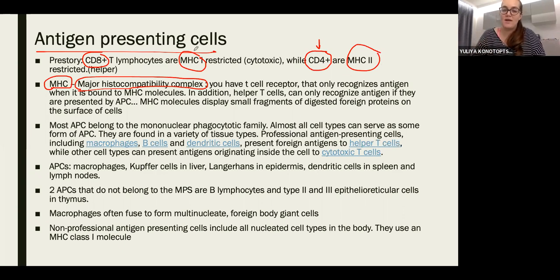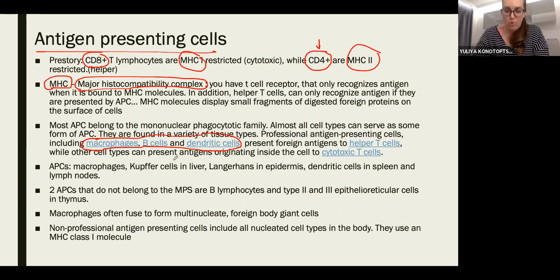Which cells are APCs? Here they are, highly tested. Macrophages, B lymphocytes, and dendritic cells. Okay, so those are the three APCs that you have in your body. I repeat, why is macrophage an APC? What did I tell you in the oral?